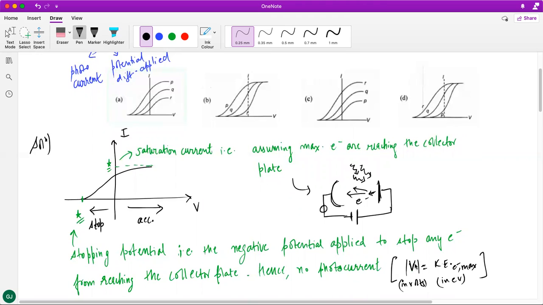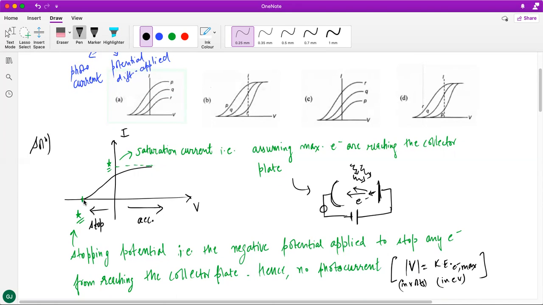And how is it calculated? You remember from our class discussions that the magnitude of the stopping potential that needs to be applied should be equal to the maximum kinetic energy of the electrons. Now, if it is in the units of eV, then you can write that same value of stopping potential in terms of volts. We did this calculation, the units part as well.